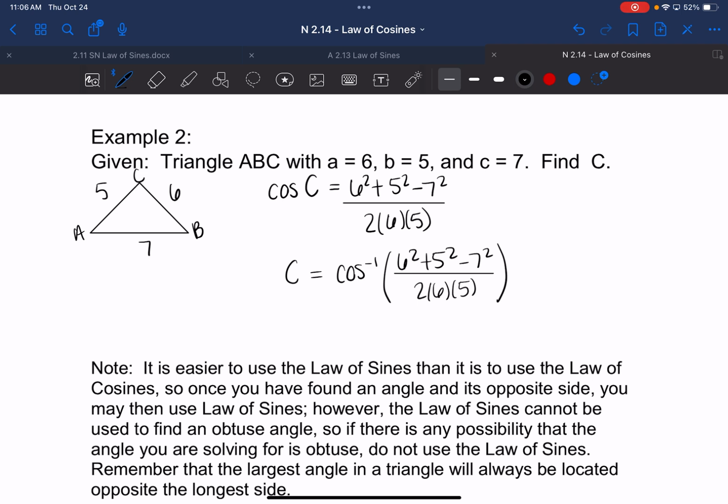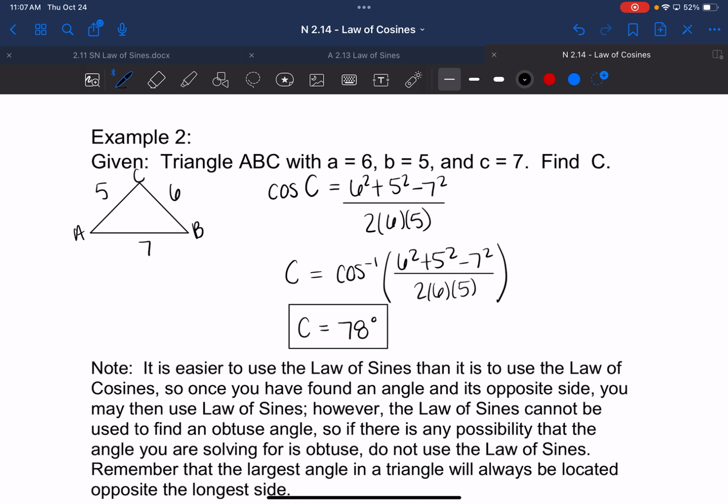And we'll do just like the assignment yesterday. You can just round to the nearest degree for me. 78 degrees. All right, so our angle C was 78 degrees.